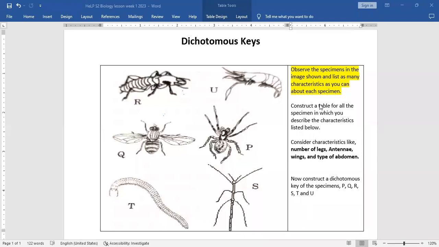It has no wings. And I saw, does it have an antenna? It has an antenna. Or an antenna or a pair of antennae? Yeah, a pair.